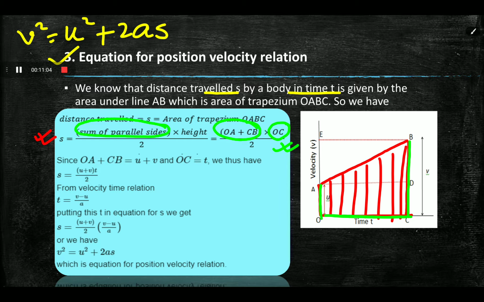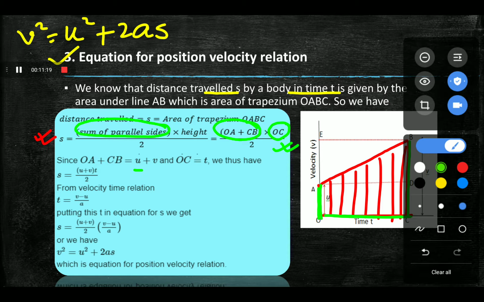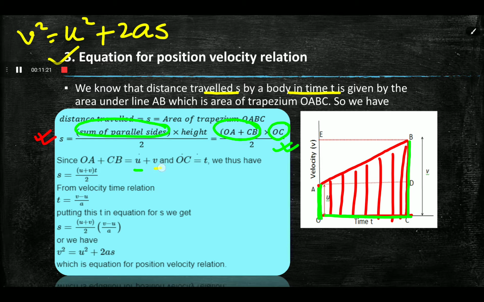Now from this equation we have to take it very clearly. This OA is represented by the initial velocity plus CB is represented by the final velocity here. So you can see that OA plus CB is equal to U plus V, and OC is represented by the time. Okay.